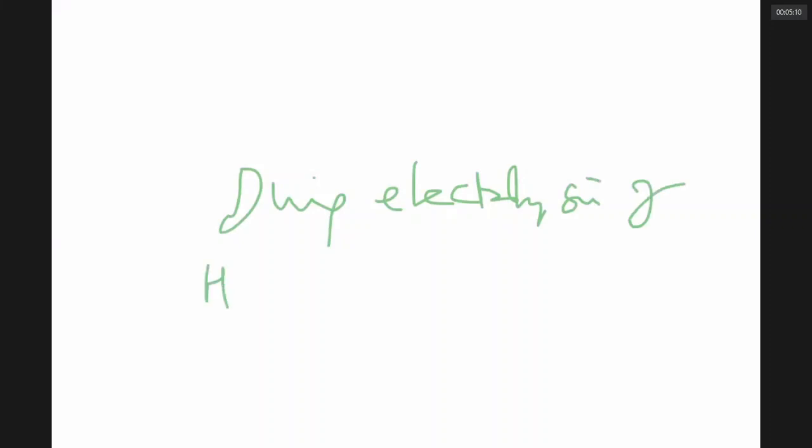Let's start our batting with a question. During electrolysis of HCl aqueous, 5.6 liters of hydrogen are produced at STP.